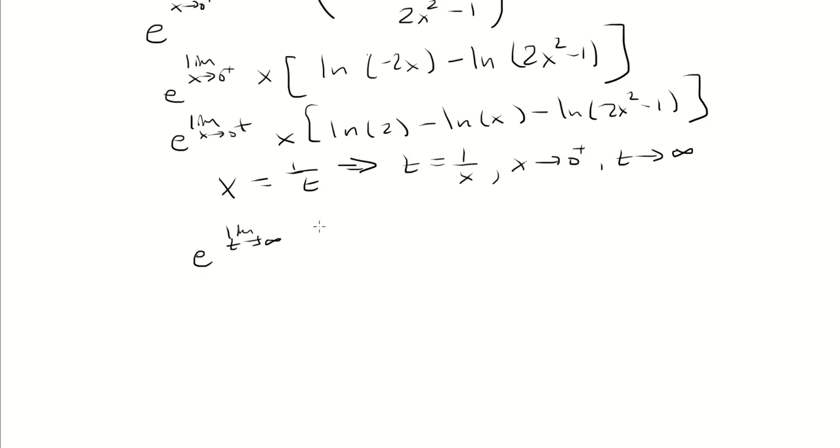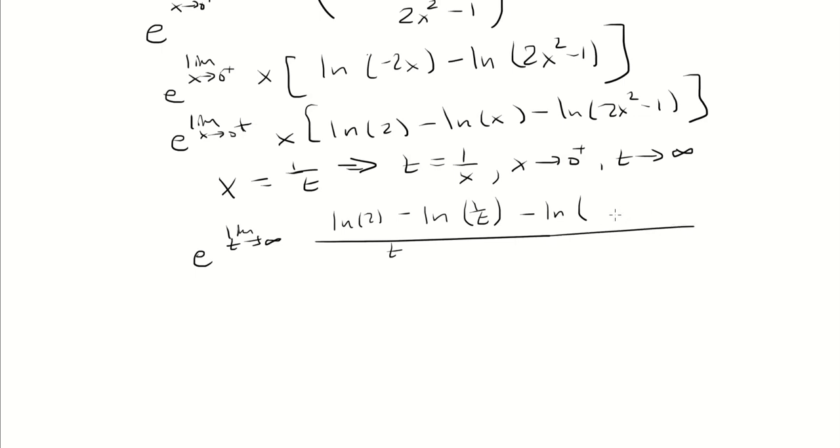And x is just 1 over t, so that's going to be on the bottom. And then we have natural log of 2 minus, instead of x, we have 1 over t. And then we have 2 over t squared minus 1.